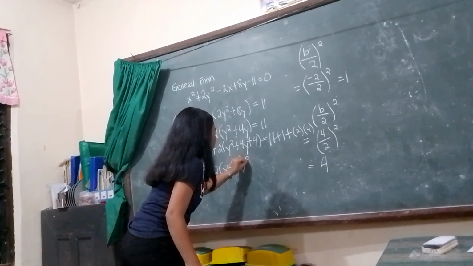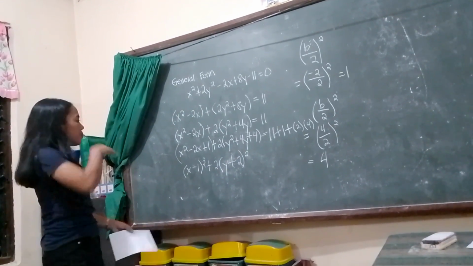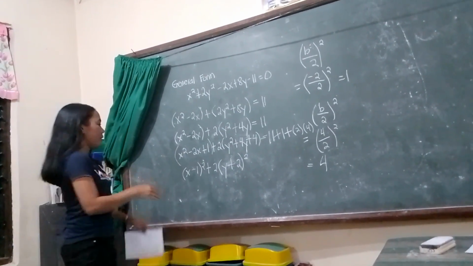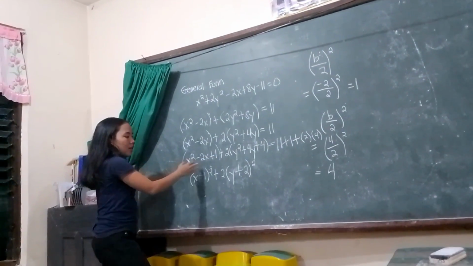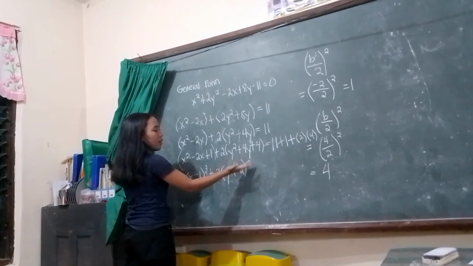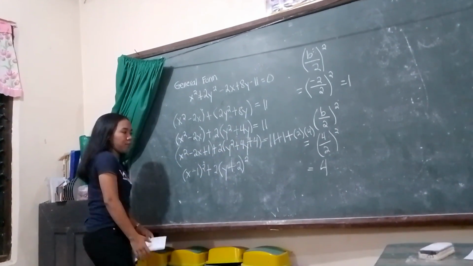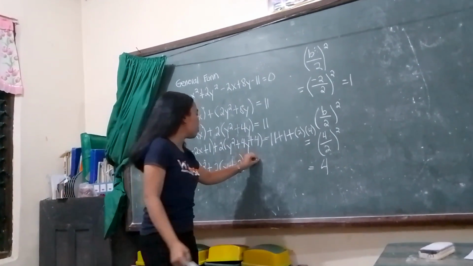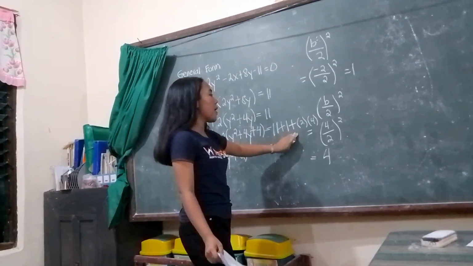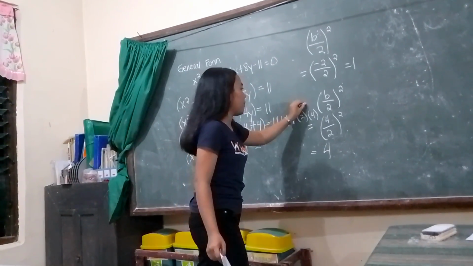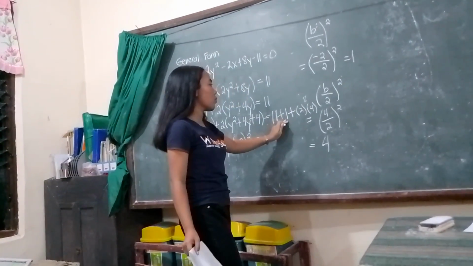The power of 2. Okay, and if you solve this one, it would come up with this. And if you solve this one, it would also come up with this. Is equal to 11 plus 1 is equal to 12 plus 2 times 4. So we have here 8. So 11 plus 1 is equal to 12 plus 8.